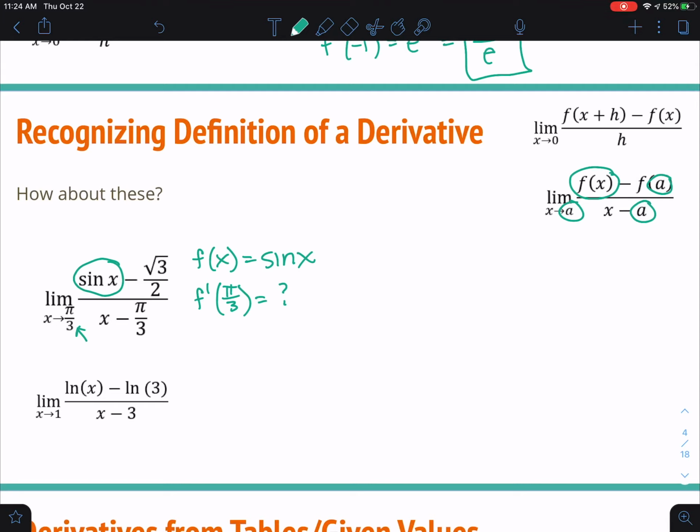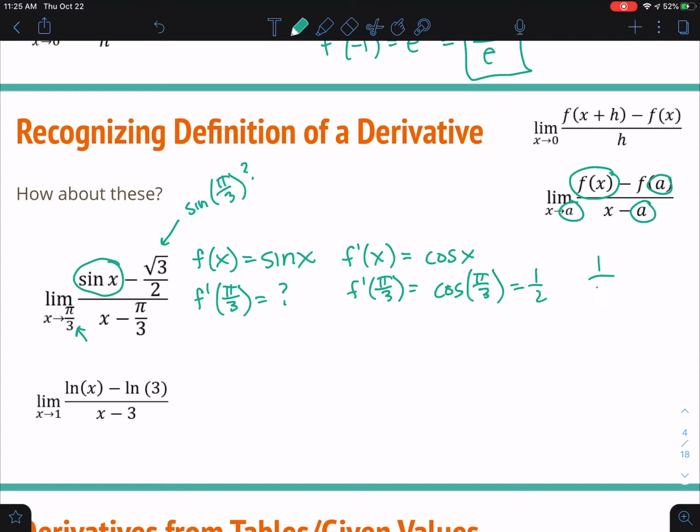Okay, because I know that I do f of x minus f of a, so this is the sine of pi over 3, right? So the sine of pi over 3, if you do your hand trick, is going to be root 3 over 2. So let's find f prime of x, which is going to be cosine of x, and then f prime of pi over 3 is going to be the cosine of pi over 3, which we know is going to be 1/2. So that's my answer.